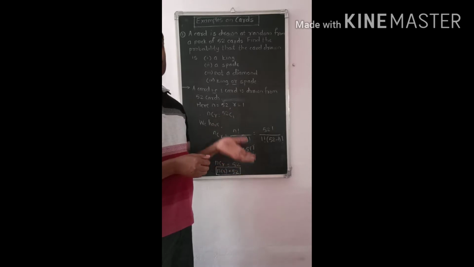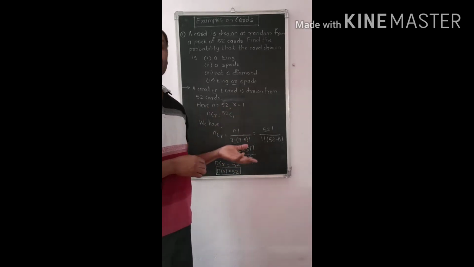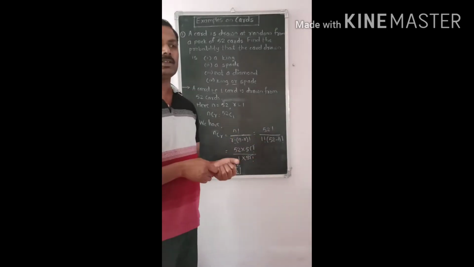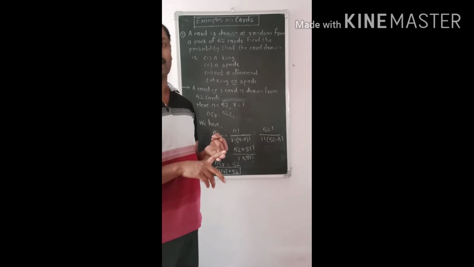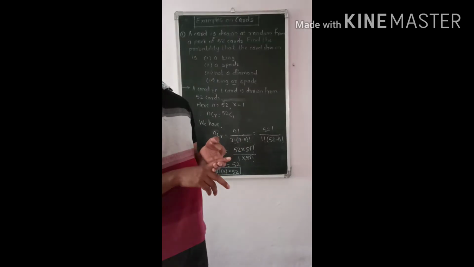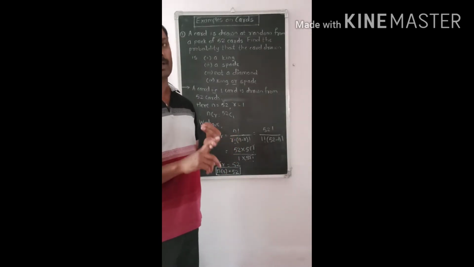These red cards and black cards are further divided in two different parts. Red cards are divided in two types of cards. First one, diamond cards. So there are 13 diamond cards, 13 heart cards. Black cards are divided in two types of cards, 13 spade cards and 13 club cards.